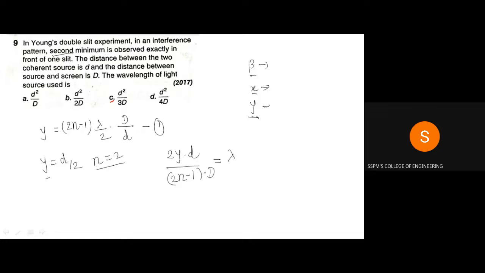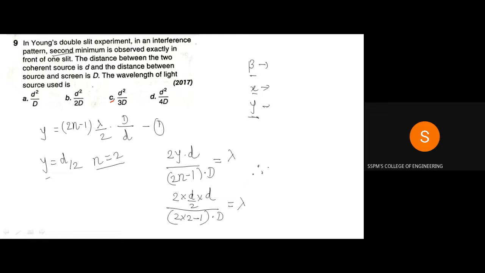What is the y value? y equals to d by 2, n equals to 2. Substitute those values. So 2 into d upon 2 into d upon 2 into 2 minus 1 into capital D equals to lambda.